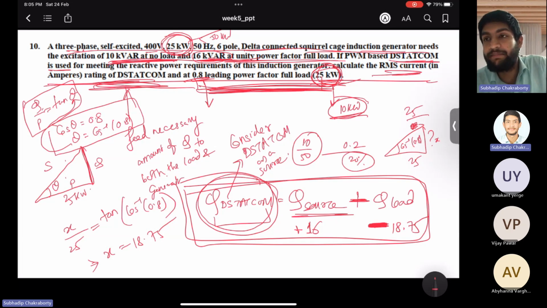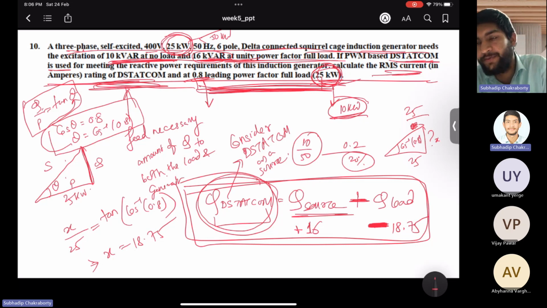Because what is the main aim? No reactive power should flow to the supply. So whatever reactive power is building up from the load, it should come to the DSTATCOM. And some portion of the reactive power obviously should go to meet the excitation requirement of the induction generator.